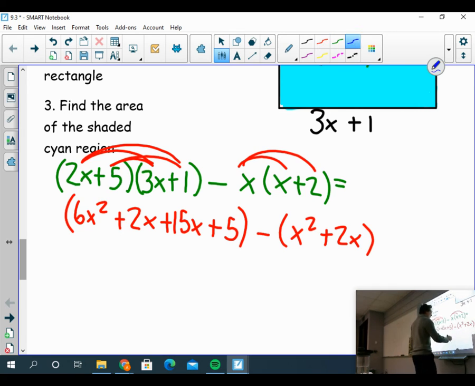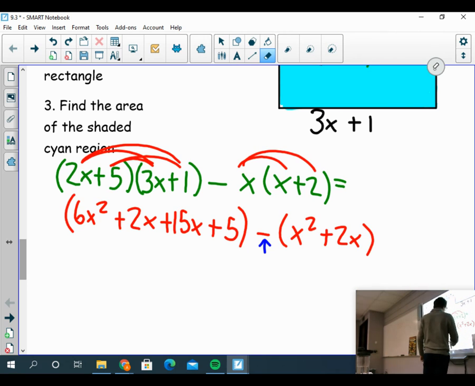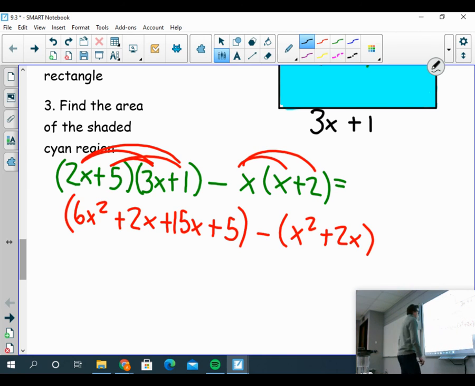Specifically, the reason I'm doing that is because of this minus sign. That minus is going to apply to the whole area. If I don't put the parentheses there, the minus would only be applying to the x squared, which isn't true. The minus applies to x squared plus 2x because that's the area of our small rectangle. So we make sure we throw the parentheses in appropriately, so that the minus applies to the whole small area, x squared plus 2x.